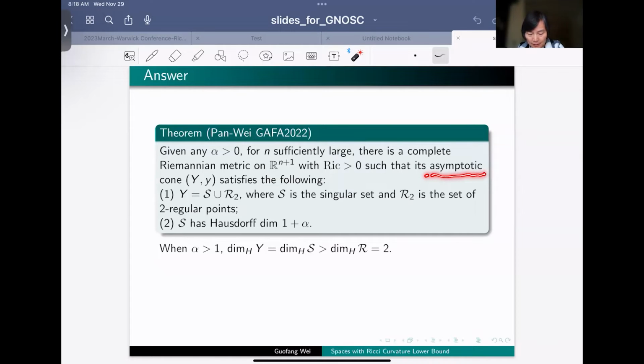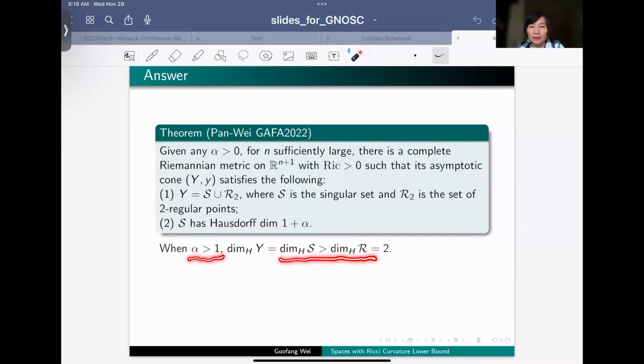For this Ricci limit space, the regular set is R^2, so it's 2-dimensional, but the singular set has dimension 1 over alpha, and we can do this for any alpha as long as m is big. So if you choose alpha big, then the singular set dimension is bigger than that of the regular set.